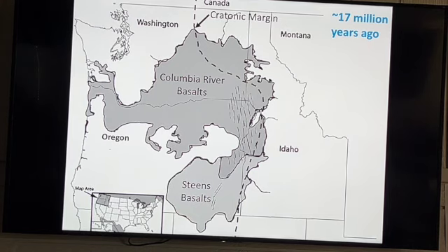But the North American plate is moving southwest, and the hot spot is stationary. So after the flood basalts, we would expect to see a chain of volcanoes, kind of like the Hawaiian volcanoes, but they might look quite different because we're in a continent here, not an ocean setting. All right, so 17 million years ago, that's what we get, the eruption of all these flood basalts.